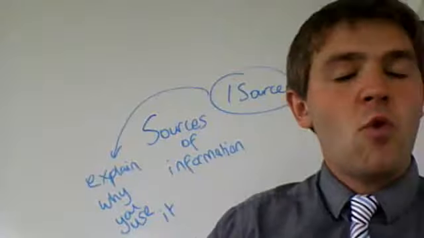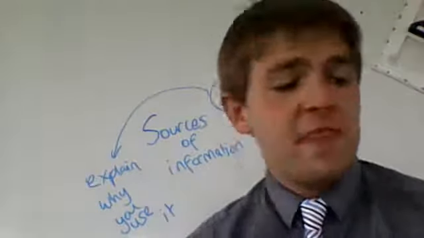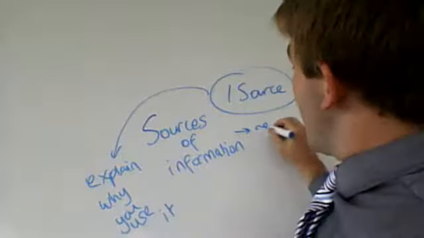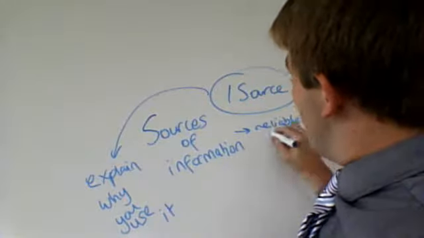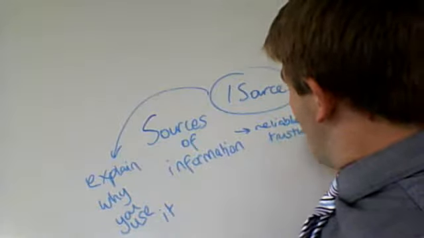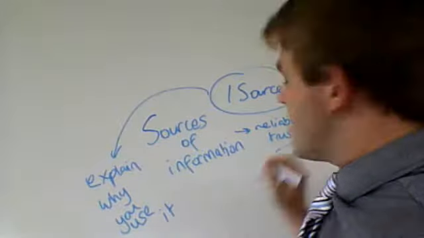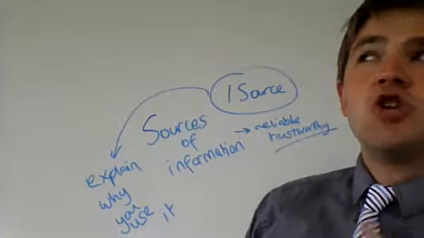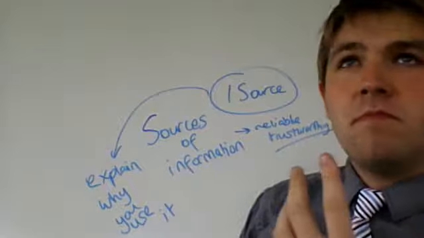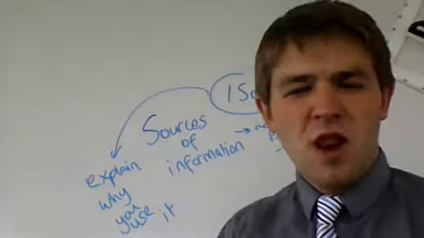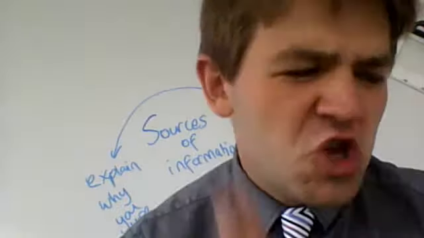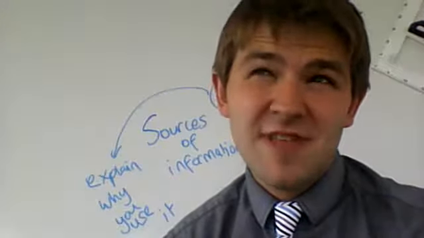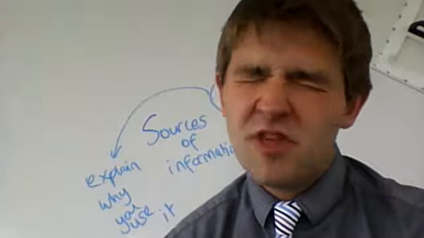Explain why you use it for one source of information, so that it's actually possible for me to see that it is reliable and trustworthy. That you trust where the information comes from. It's not just important for me to know it's reliable information, but for you to understand why. That's the skill.